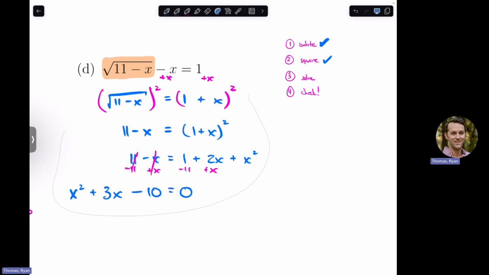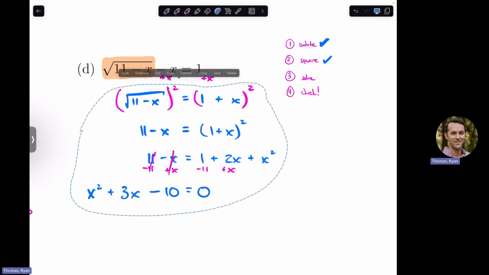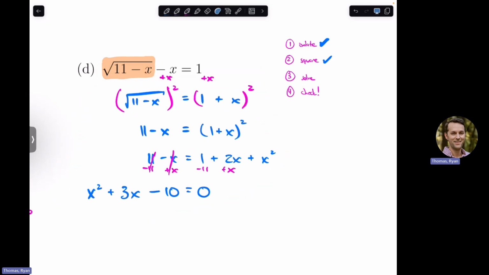Sorry, I'm going into crazy people mode for a second here. I just had to line everything up. Okay, x squared plus 3x minus 10.